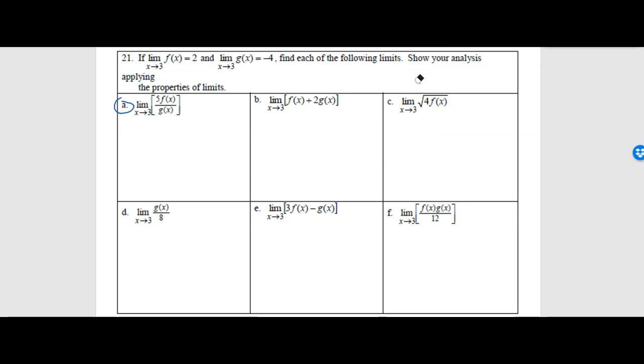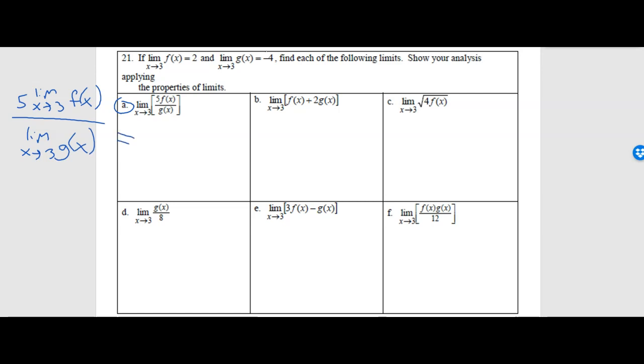So I'm going to pull the 5 out, because there's 2 limit properties here. So it'll be 5 times the limit of f of x as x approaches 3, divided by the limit as x approaches 3 of g of x.